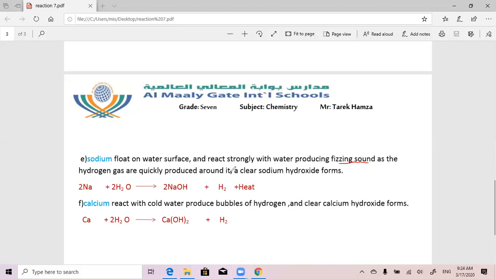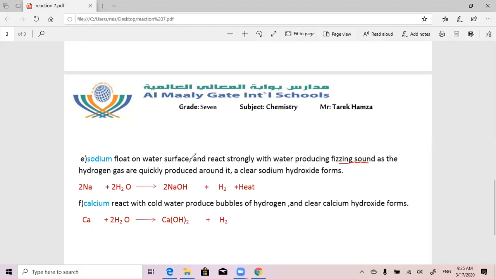Why is this sound produced? Because the hydrogen gas is quickly produced around it.